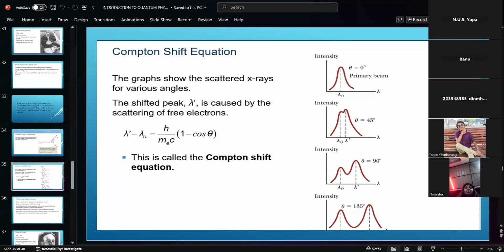I think we can prove this on the board. Page numbers 30 and 31, you can follow up.